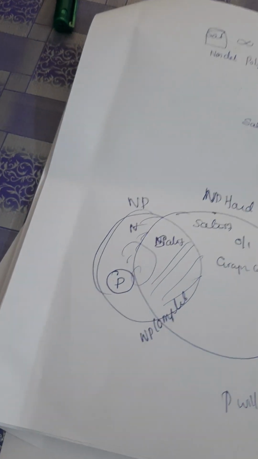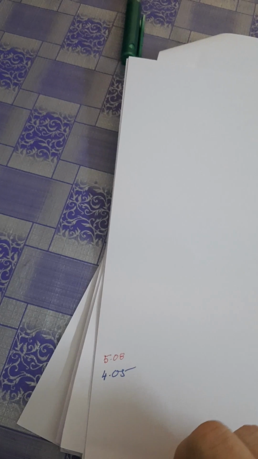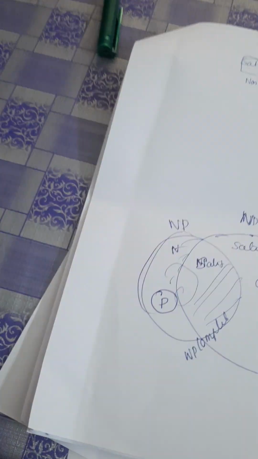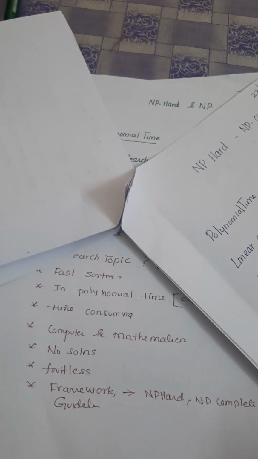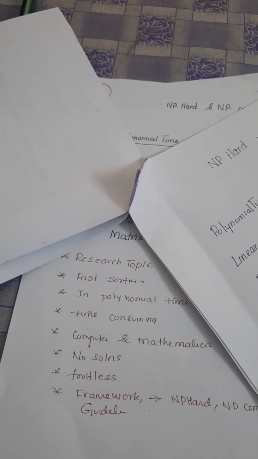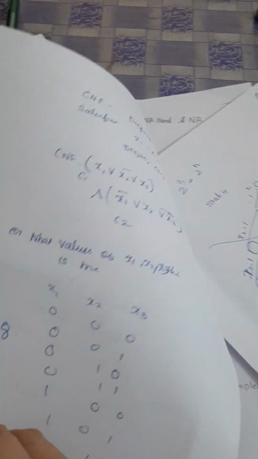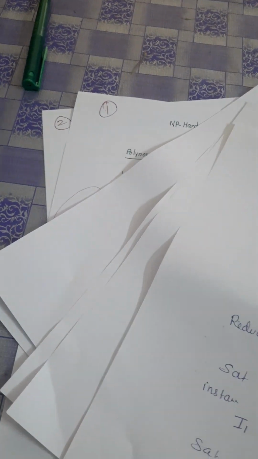I will show you this knapsack. We have written the knapsack problem. In the knapsack, maximize the profit, put the maximum number of items in the knapsack. Whether we can relate it.